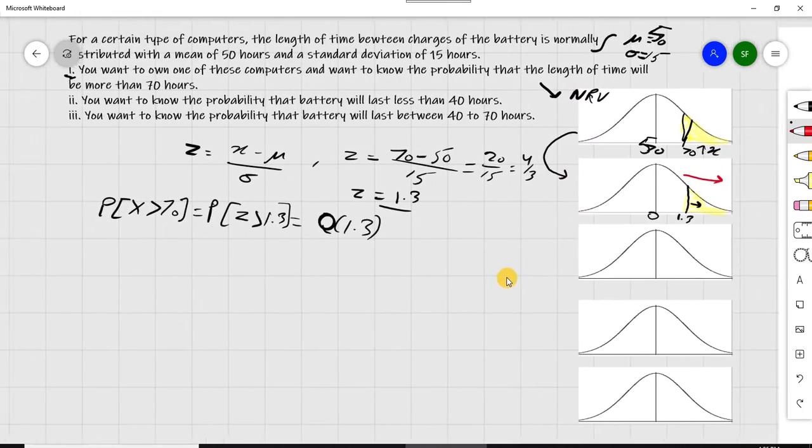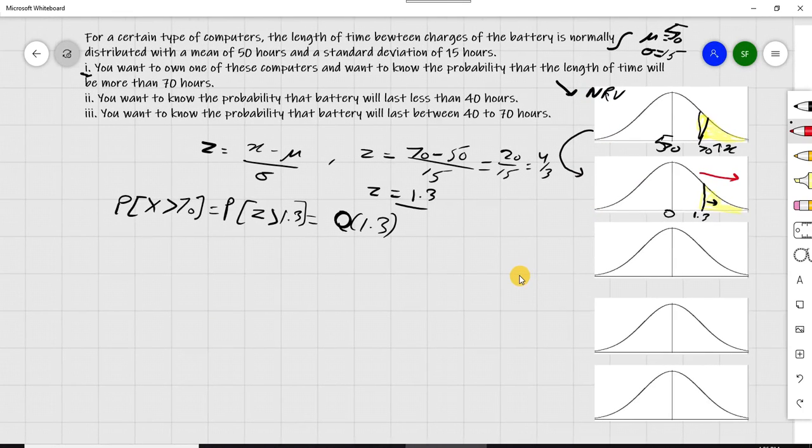So 0.0968 should be the answer, or you can say 9.6% is the probability or the chance that the battery will last for more than 70 hours.